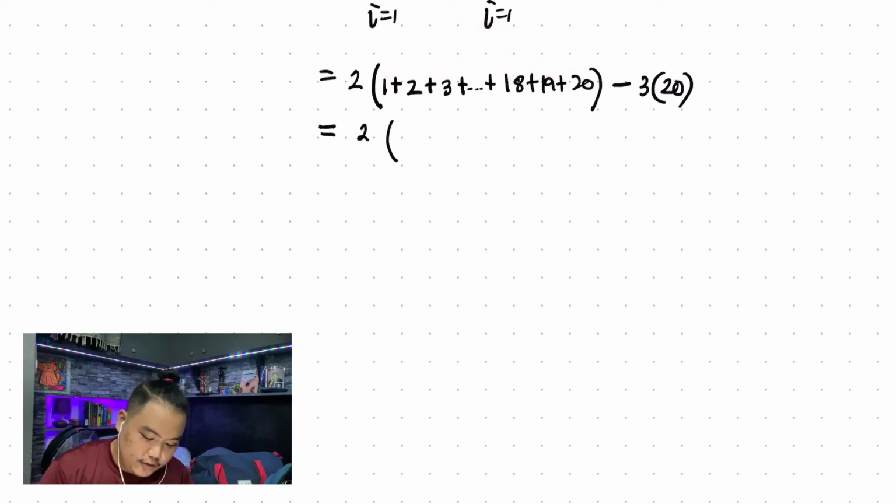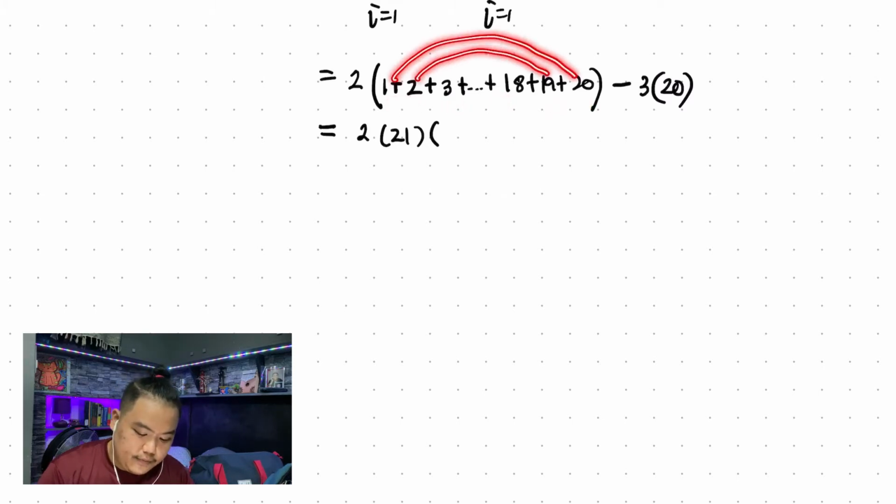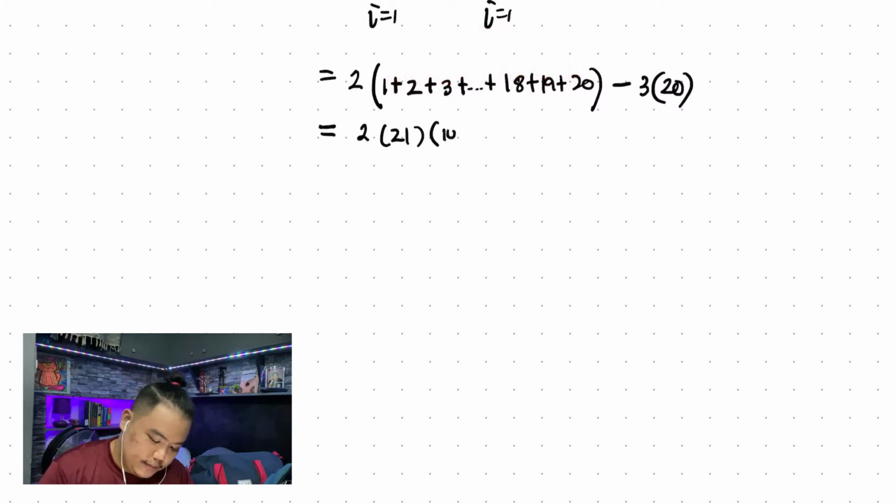Yun na lang yung tanong. So, 21 times kung ilang 21 yon. Diba 20 sila? Tapos pinipair mo sila. So, there are 20 divided by 2 pairs or 10 pairs. Minus, this is 60. Ayun na. So, kukompute na lang natin to. Kaya na siguro to, no?